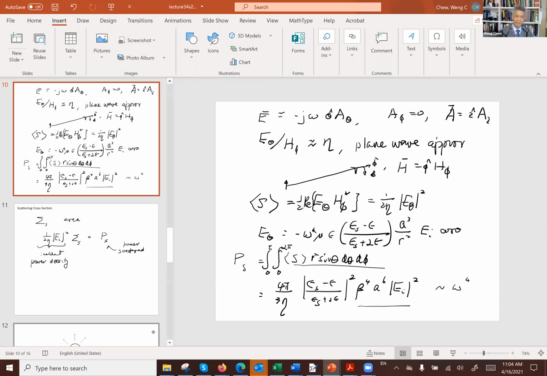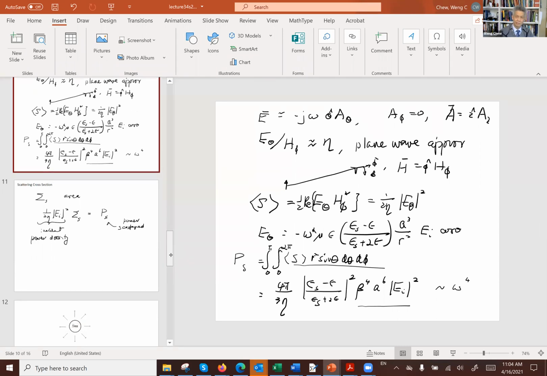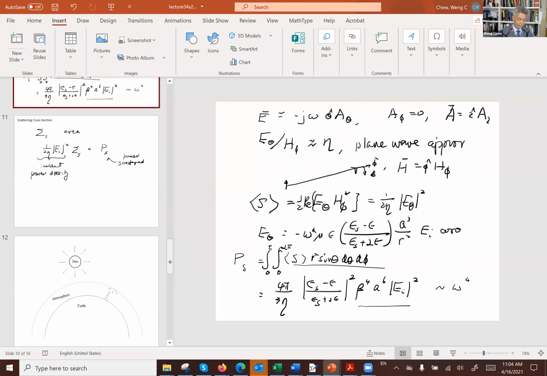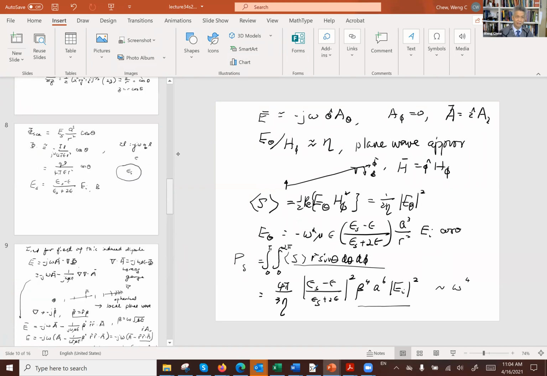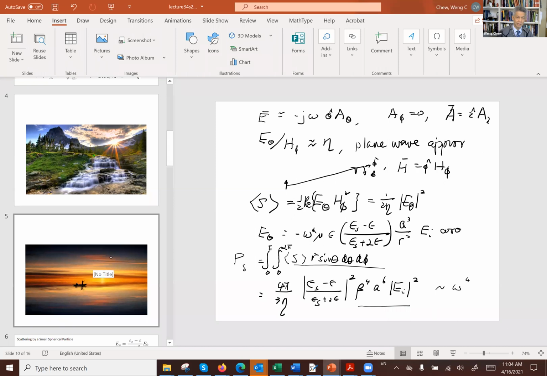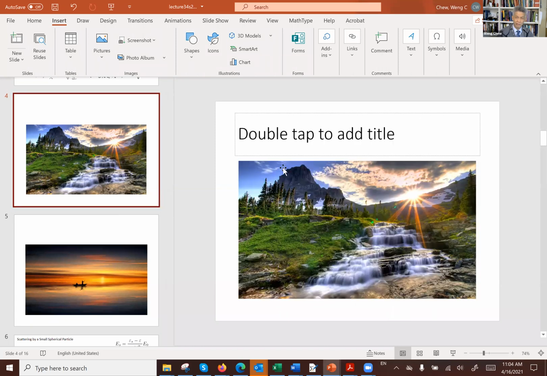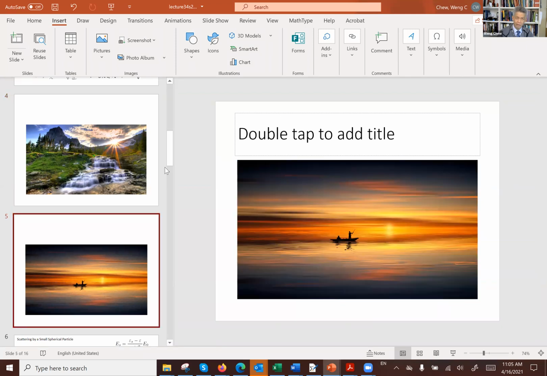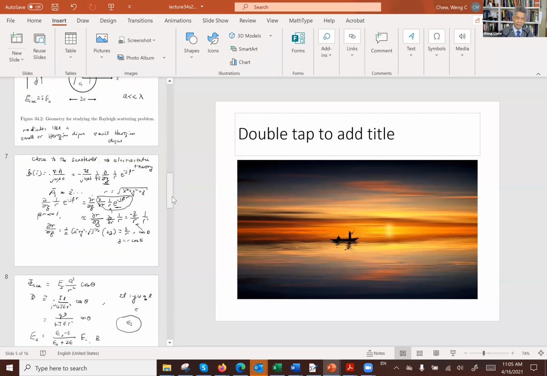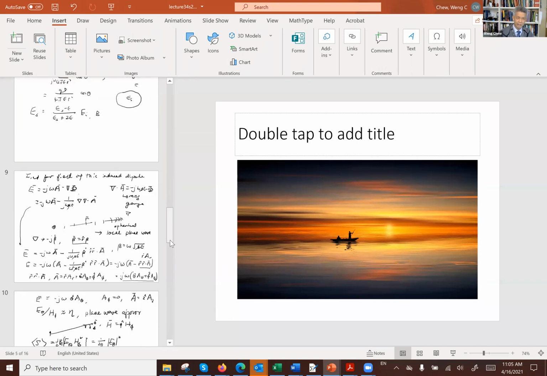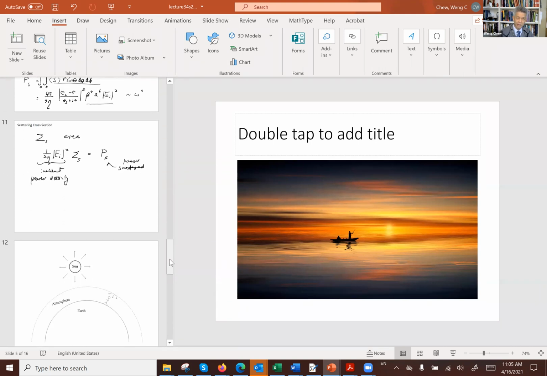What Rayleigh scattering says is that the higher the frequency, the more the scattering, and it can be used to explain why the sky is blue. That's why I have this nice picture over here, of why the sky is blue, and when you have the sunset, it has a red glow. We'll explain that using Rayleigh scattering. Rayleigh scattering says that the higher the frequency, the more the scattering.